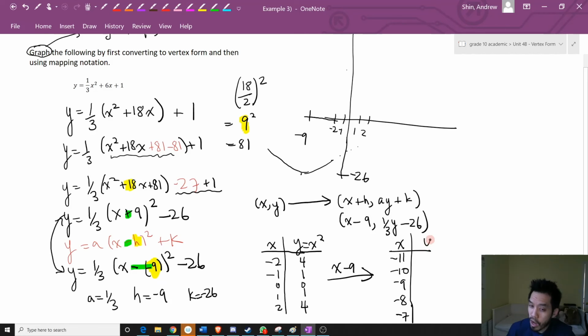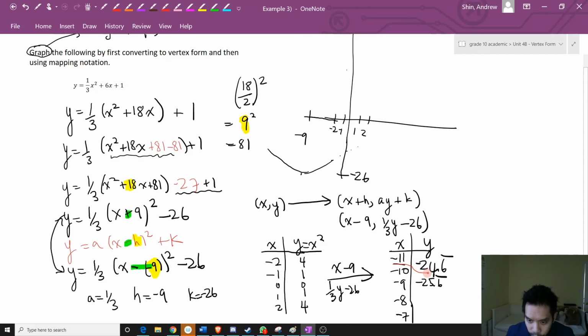And y here is going to be affected by this vertical compression, and then shifted down by 26. So we're going to take every y value, divide by 3, so 4 divided by 3, and subtract 26, which gives me -24.6 repeating. Then we're going to take 1 divided by 3 minus 26, which is -25.6 repeating.